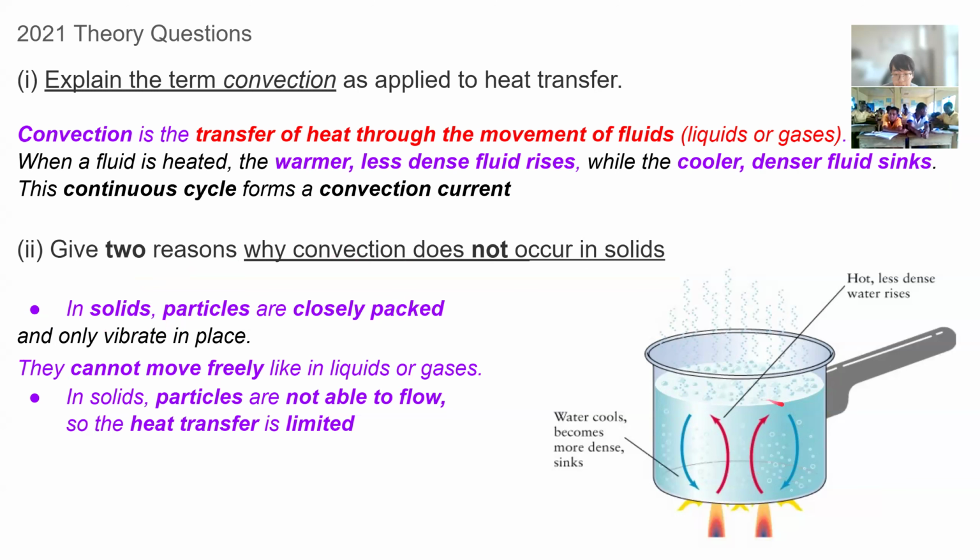It forms a cycle. And since solids cannot move easily like liquids or gases, they are not able to flow. The particles are not able to move and generate heat that way. So the heat transfer is limited. It's usually only by conduction, which is by direct contact.